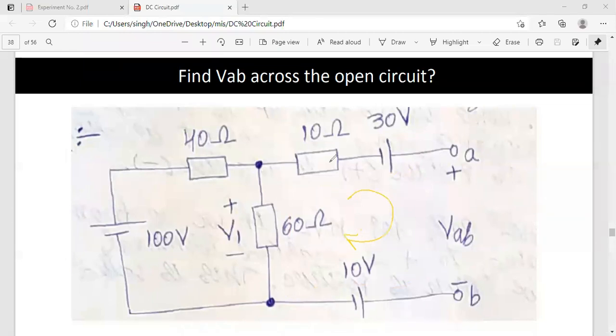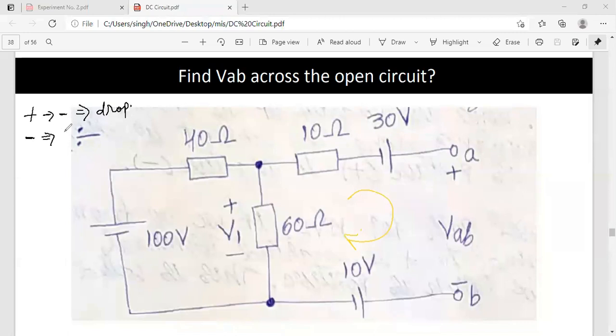When I'm moving like this, it is going from negative to positive. Positive to negative is always from higher to lower potential, so that is a drop.